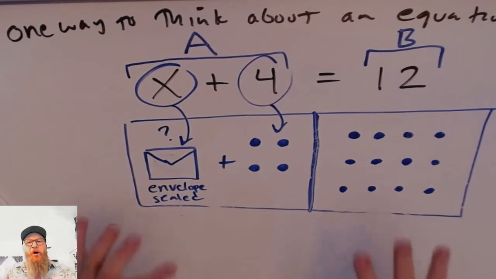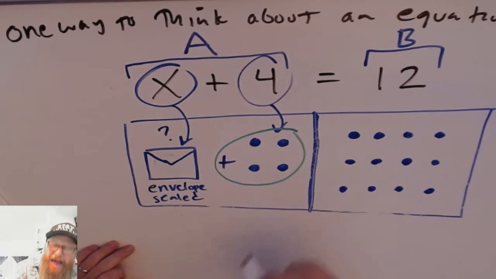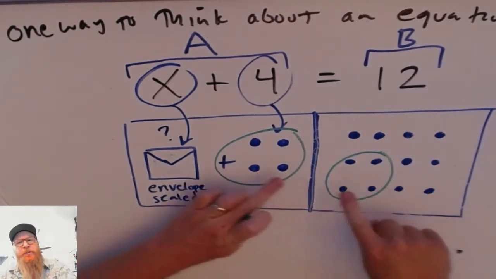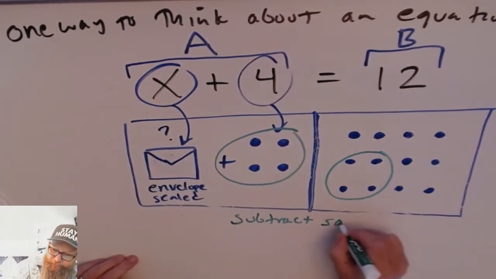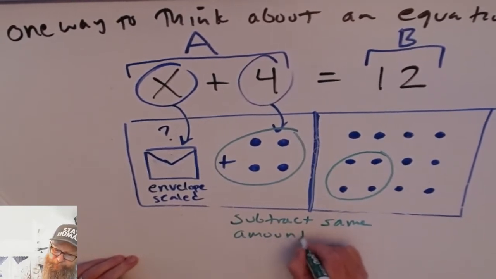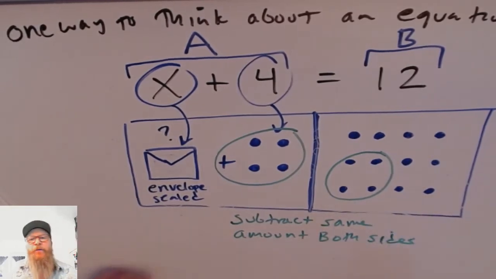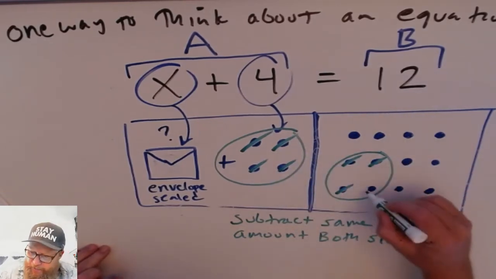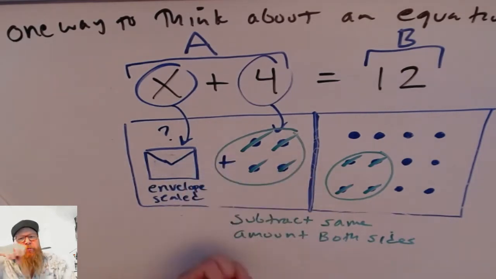And so in order to solve an equation like this, we could think of subtracting these, and make sure that you subtract the same amount from both sides, yeah? So I'm basically canceling out all of these tokens here. I'm taking away 4. You can think of just literally removing them from the scale.